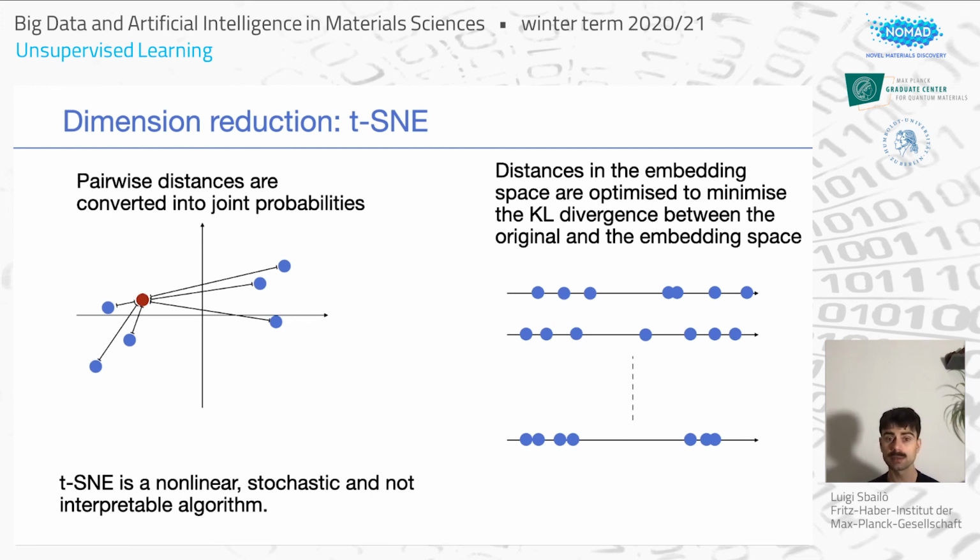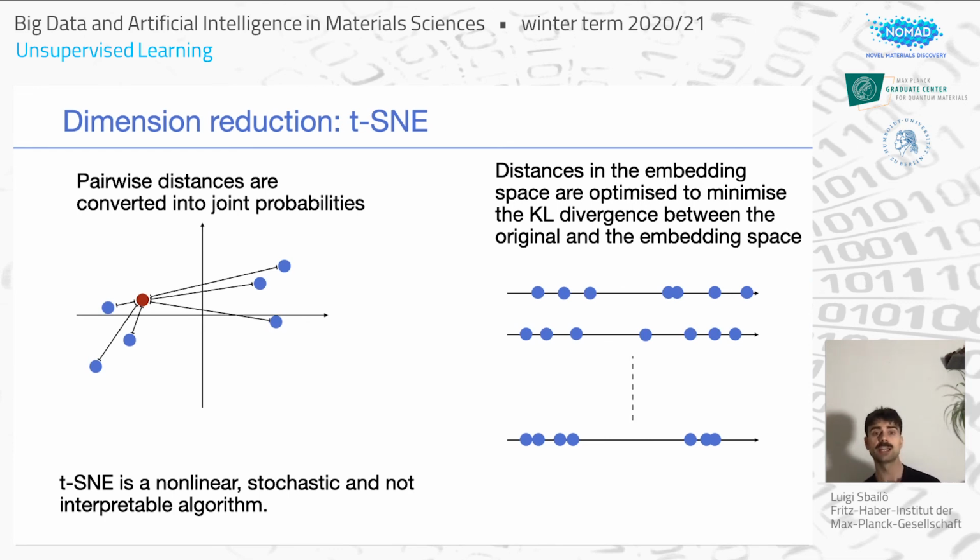It is stochastic, but this is a problem because if we make the embedding and then repeat the experiment, we are not necessarily able to find the same results. It can find different minima, and we cannot reproduce it. And it is also not interpretable.